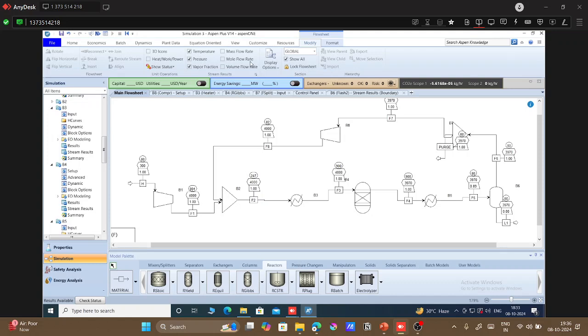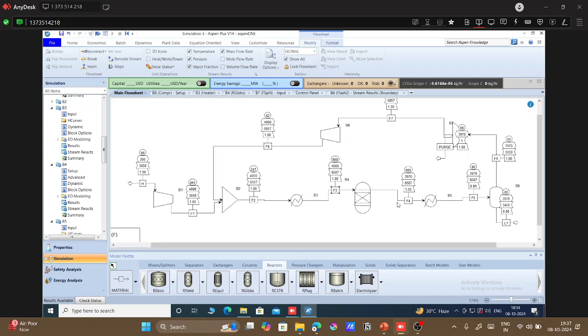Okay, we can check the flow rate also. As you can see, 5057 pound mole per hour. Since this is an English unit, it will be pound mole per hour. This much amount is being mixed with only 3450 pound per hour feed. That's why the overall mixture temperature is lower, which is then heated to 900 degrees Fahrenheit, from where the reaction is happening.